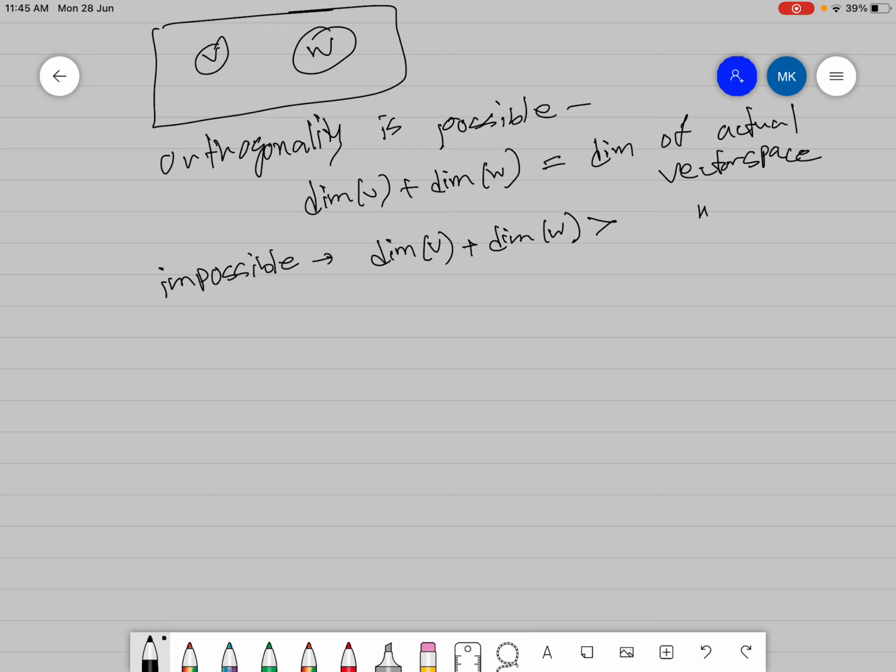If you remember the big picture that I drew in the last lecture on the four fundamental subspaces, it had a similar picture like this.